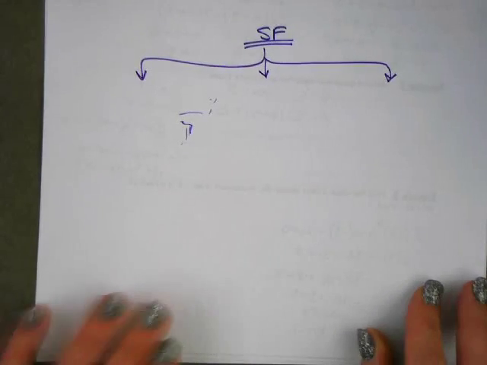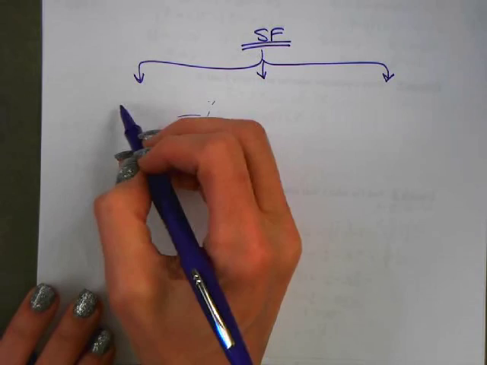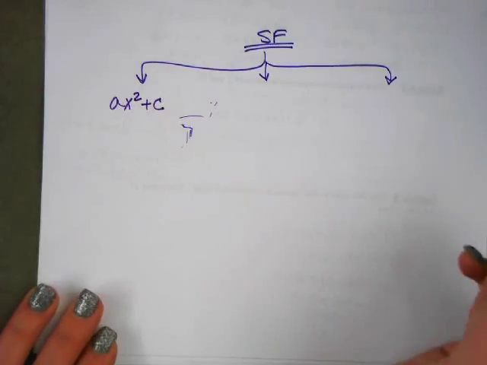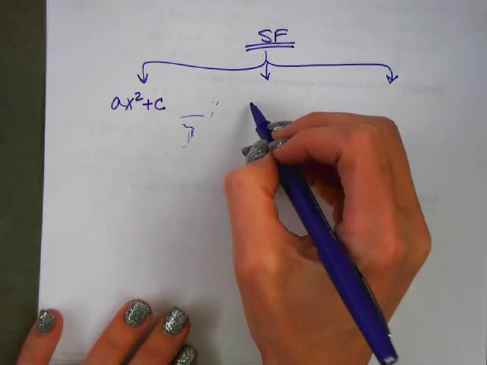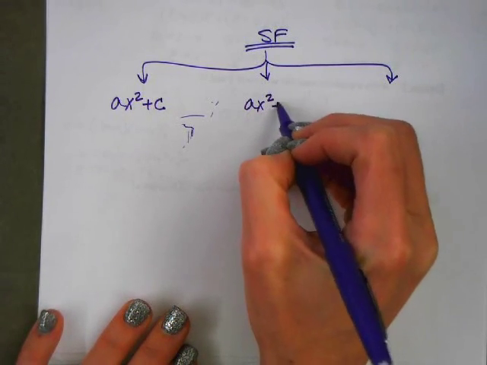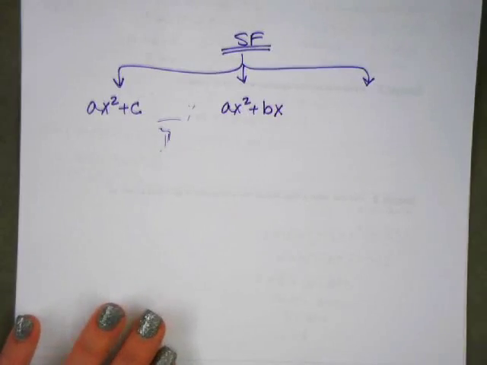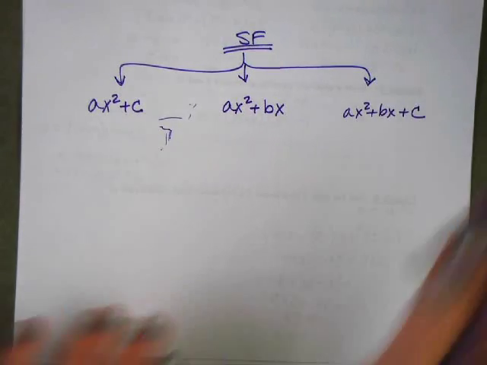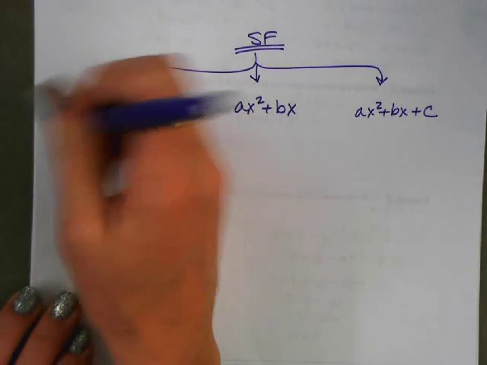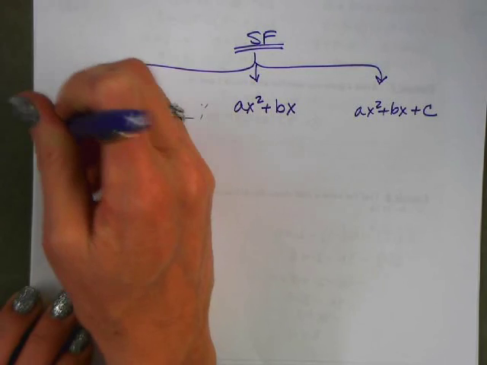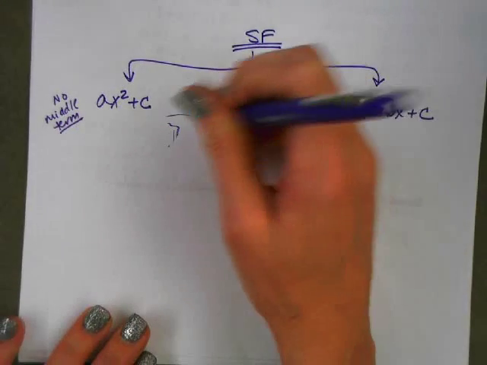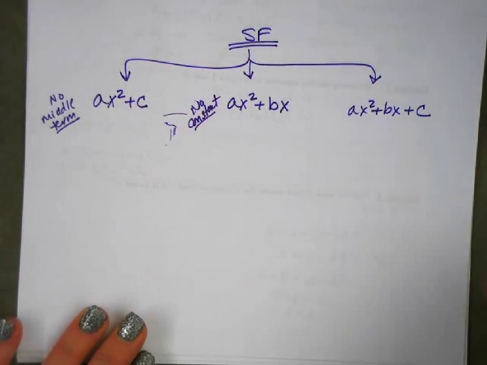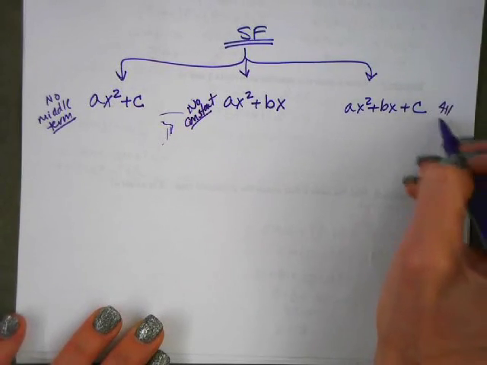It's going to either be ax squared plus c, you're going to have ax squared plus bx, or you're going to have ax squared plus bx plus c. So you're going to have it either where there's no middle term, where there's no constant, or you could have it where you have all 3. Okay, so those are your 3 possibilities.